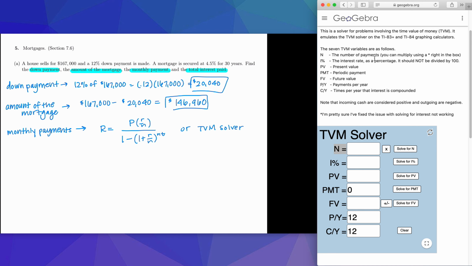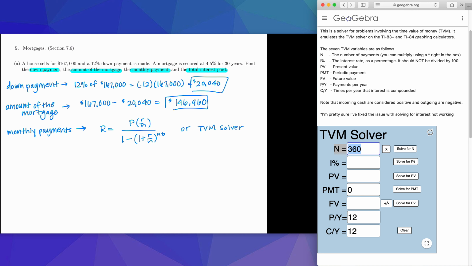Capital N is the number of payments. For this one, we have 30 years of monthly payments, so we can just say 12 times 30 right in the box, and this works in the calculator too. I hit enter and it gets 360.